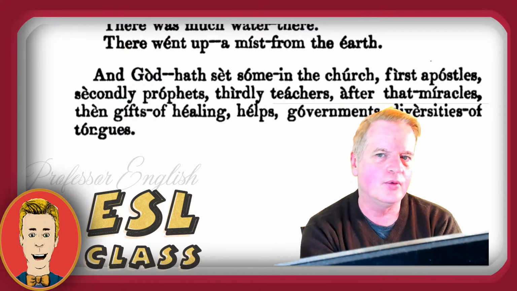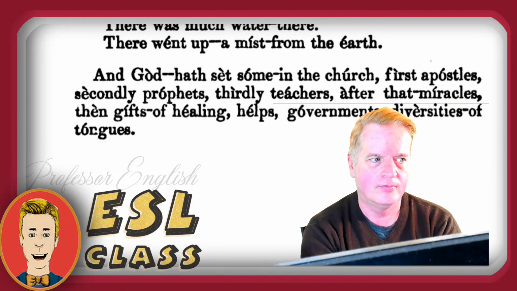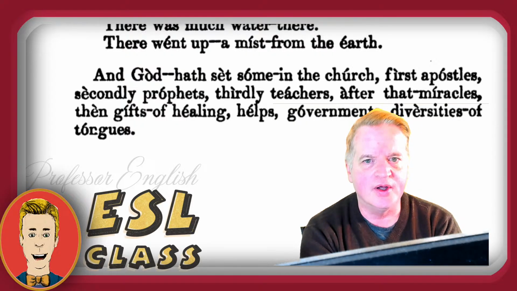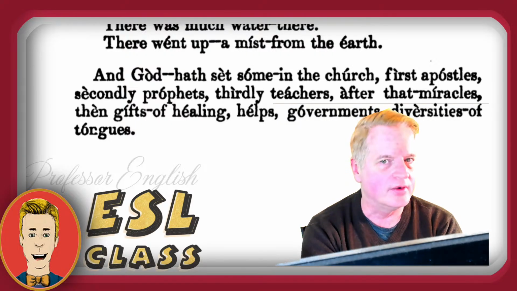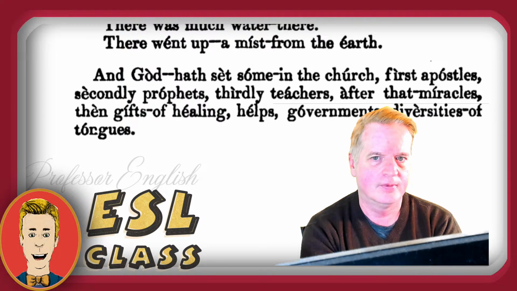Okay. And what are the important words? Went, and mist, and earth. Went, mist, earth. So you have from the earth, from the earth, from the earth. A mist from the earth.